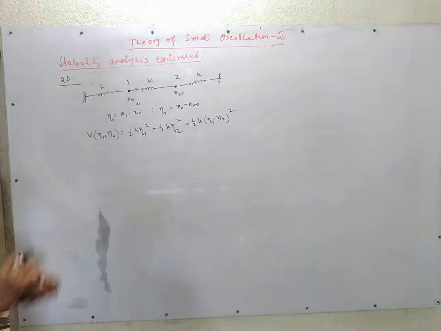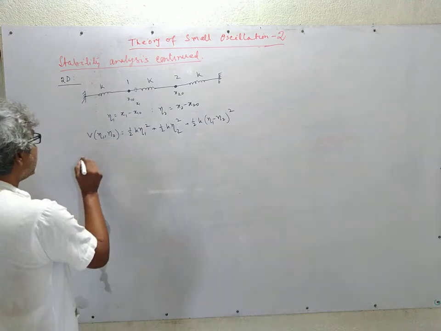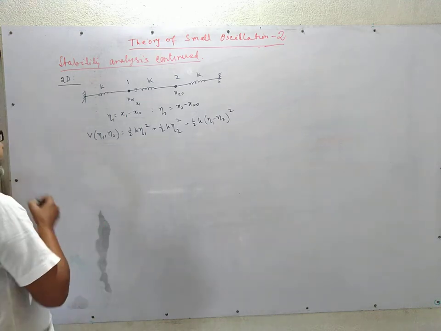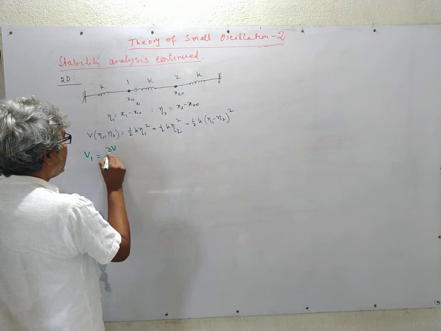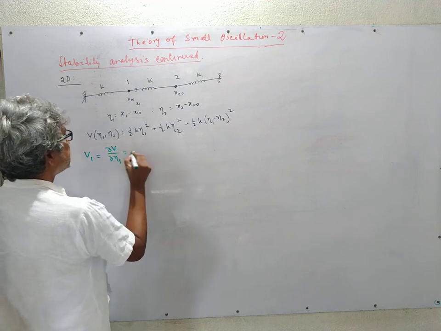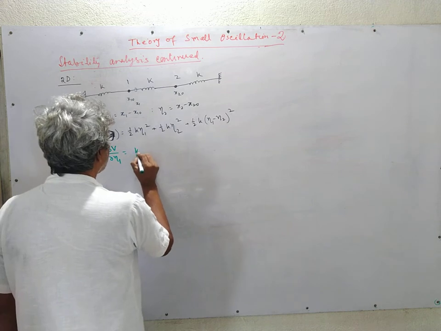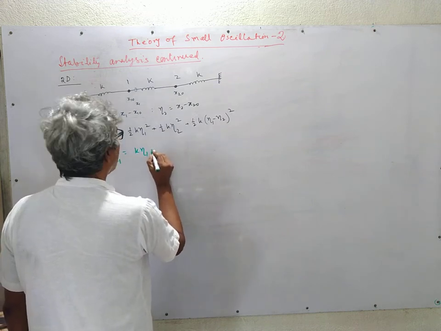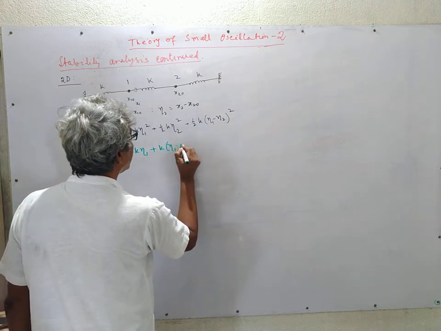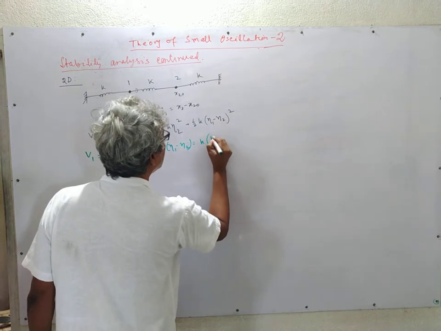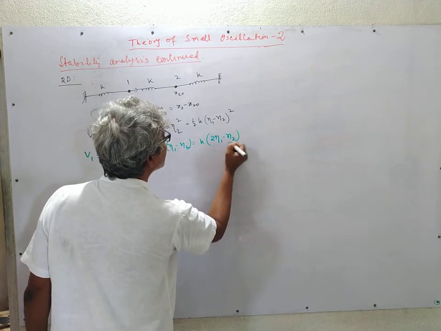Now, as per the theory that I have just recalled, we are to construct a V matrix. Here, the V matrix will be a 2 by 2 matrix. So we first define V1 as del V del eta 1. This is K eta 1 plus K (eta 1 minus eta 2), which equals K times (2 eta 1 minus eta 2).